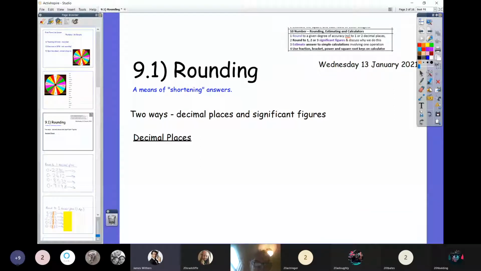So example number 1, let's see what sort of lag we've got. It's not too bad today. Example number 1, we could be asked to round to 1 decimal place.